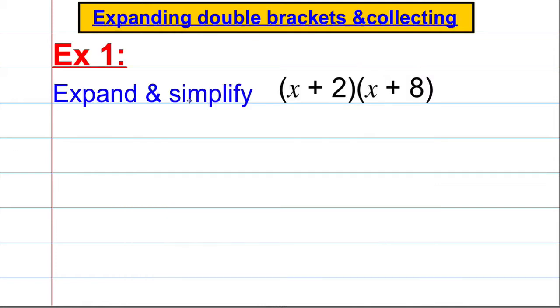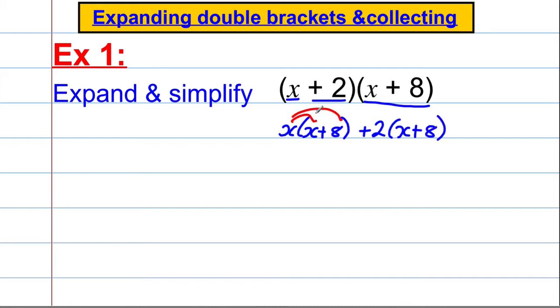Right, now here's a question I've shown you how to do before. And what I told you to do is to decompose this and say that this is the same as x multiplied by the whole of this second bracket, and then plus 2, positive 2 multiplied by the whole of this bracket. Then we expand the brackets. X multiplied by x is x squared. X multiplied by 8 is 8x.